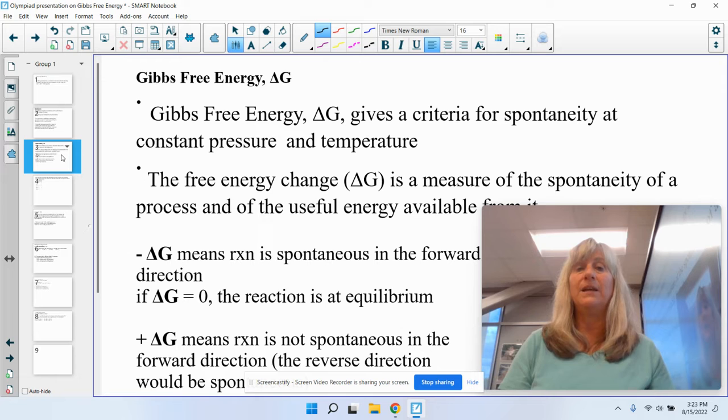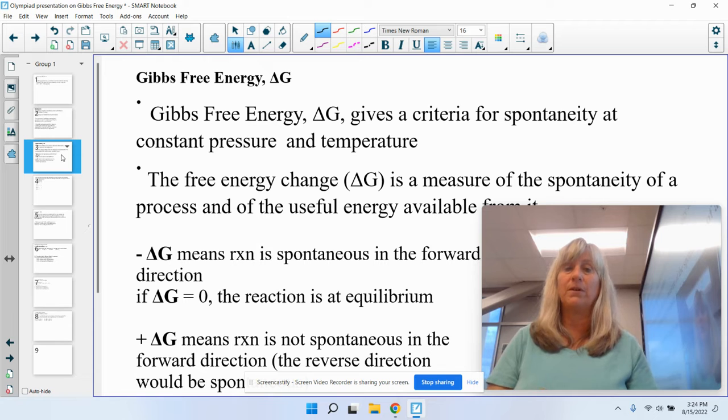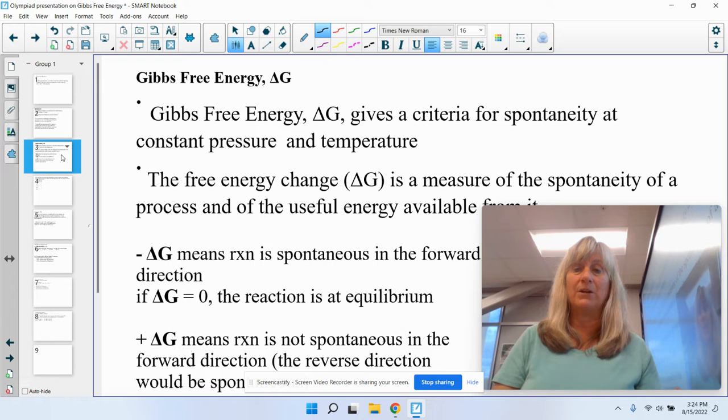And so that is where this delta G will come in. Delta G is giving us the criteria for whether or not a reaction is spontaneous or not at constant pressure and temperature. So delta G, called Gibbs free energy, is a measure of spontaneity and is also a measure of the useful energy available from that reaction.